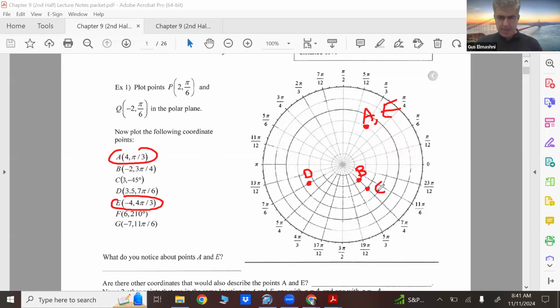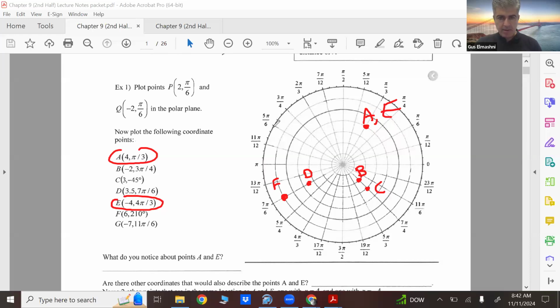F, 6, 2 tenths like 7 pi over 6. And it's negative, it's 6. Remember, D was at 3.5, so 4, 5, 6. And then G, 11 pi over 6, but negative 7. 1, 2, 3, 4, 5, 6, 7.